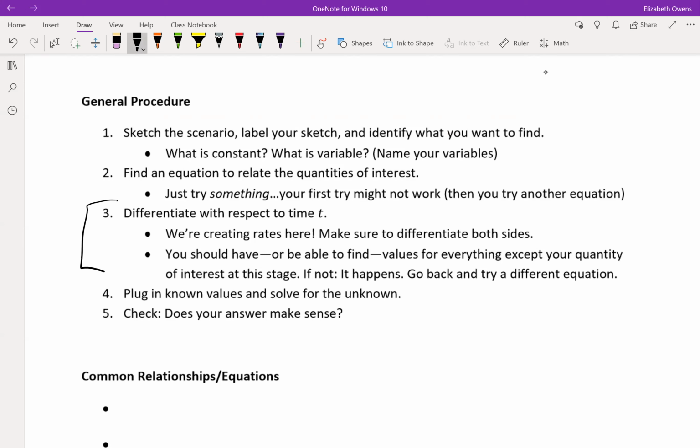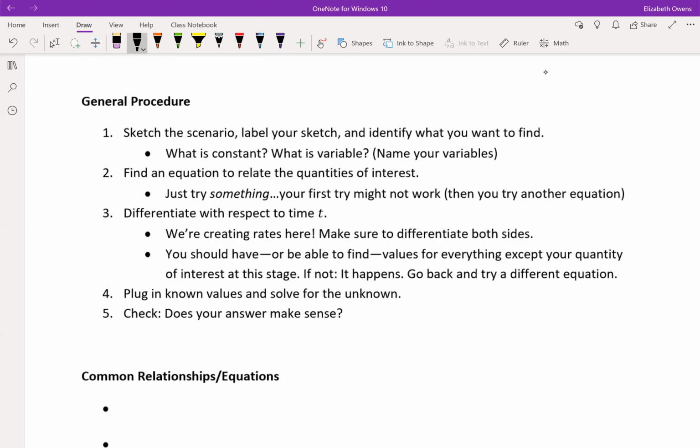And then in step 3, you're going to take that relationship, take that equation, and differentiate it implicitly with respect to time t. This lets you create rates, okay, and shows how the rates are related, which is kind of the point of this section on related rates, okay? And at this stage, you'll be able to tell whether the equation you chose is going to work or not.